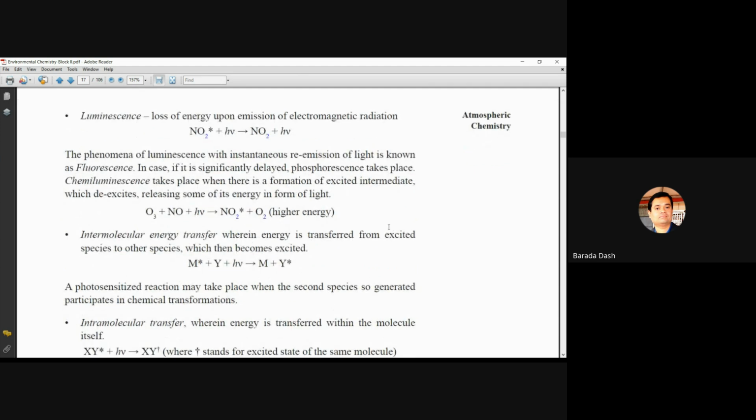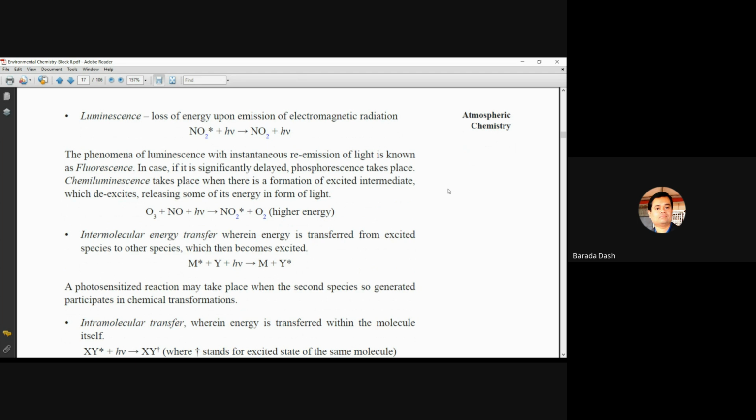You might have heard about fluorescence. We use a fluorescence spectrometer to study how light is emitted when a particular molecule goes to the excited state, and when the energy is released, how it occurs. In case it is significantly delayed, phosphorescence takes place.